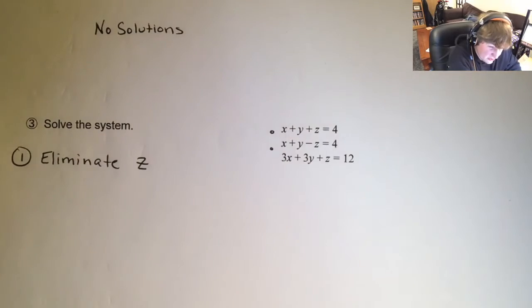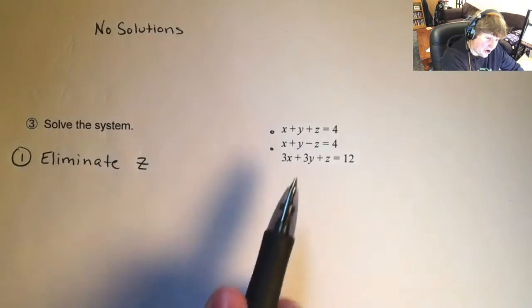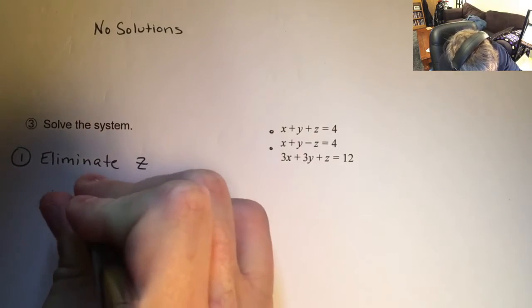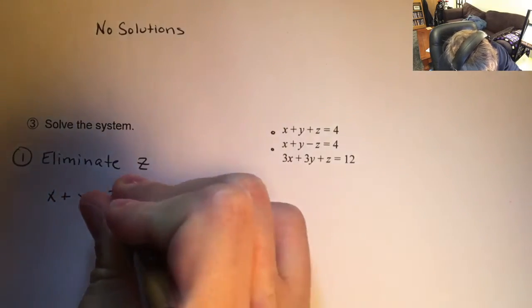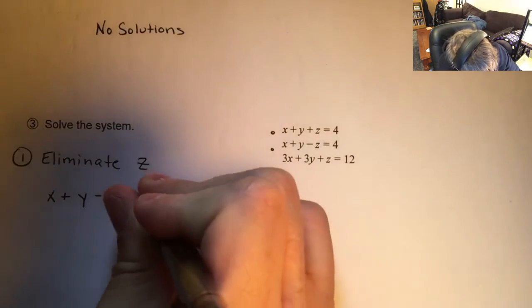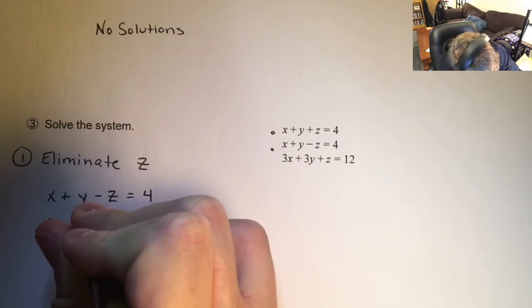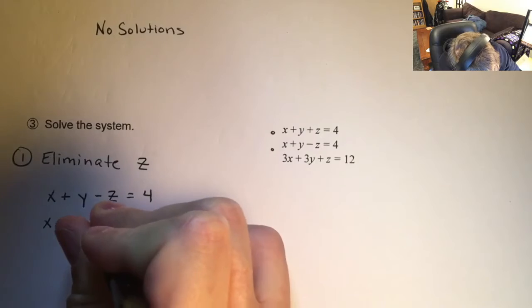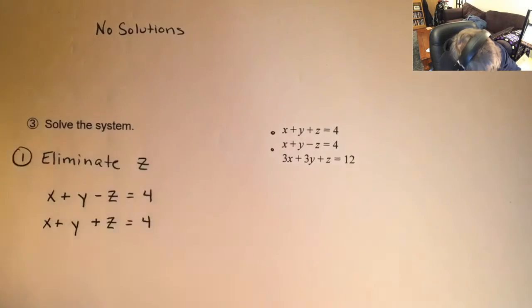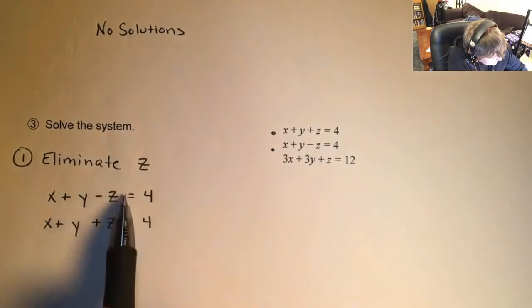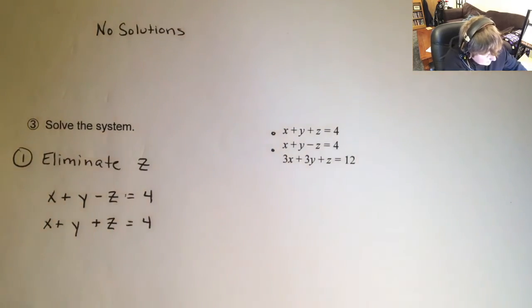Now this particular one's going to be extra nice because they're already opposites, so there's really no multiplication needed. And you may have already noticed this. Okay, so I actually accidentally wrote this one on top and this one on bottom, but that really shouldn't matter.